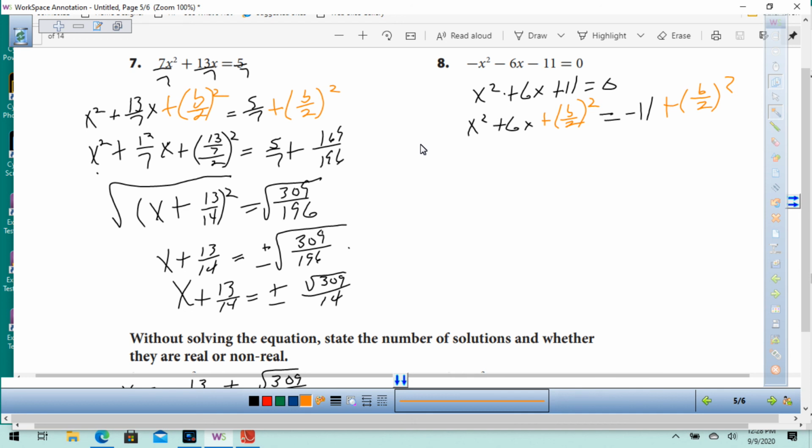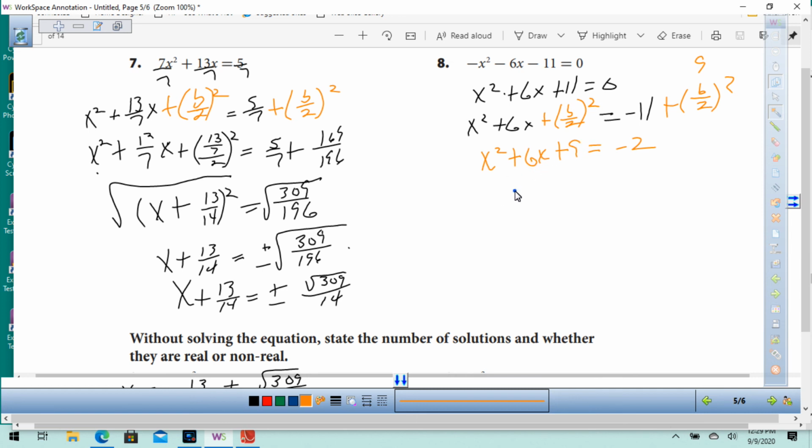Okay, and well, b is 6. 6 divided by 2 is 3, and 3 squared is 9. So I got x squared plus 6x plus 9 equals, well, negative 11 plus 9 is going to give me negative 2.